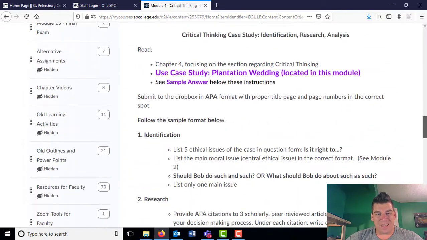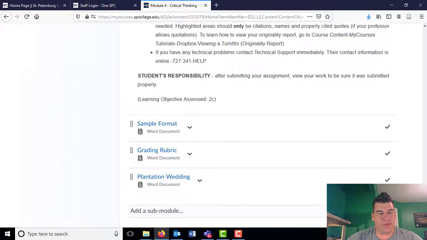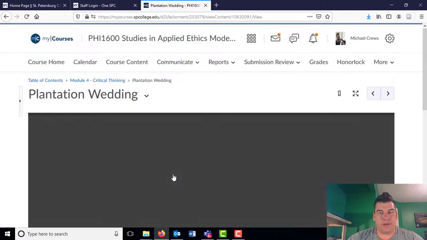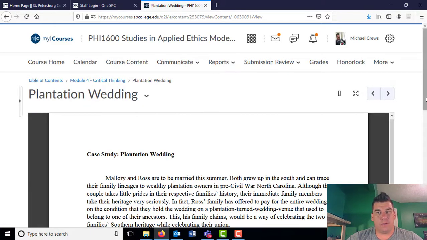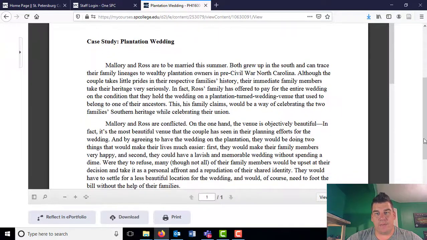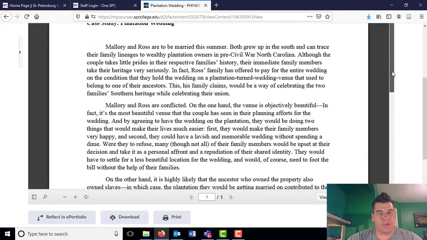Okay. First thing you're going to do, as I've been saying since the first week of class, we're going to use this case here that says plantation wedding. So the first thing you're going to do is read this case, read it a couple times. It's only 3 paragraphs, but what you need to do is get familiar with this case because this is what we're using for the next 4 weeks. If you don't use this case, you will receive 0 points for the assignment.